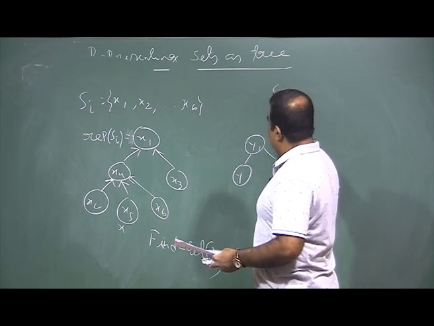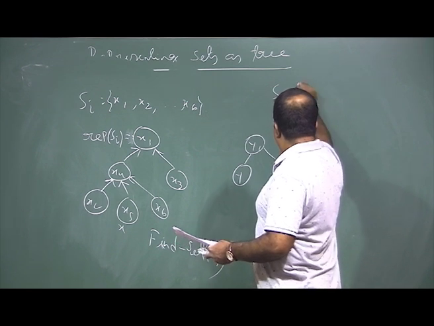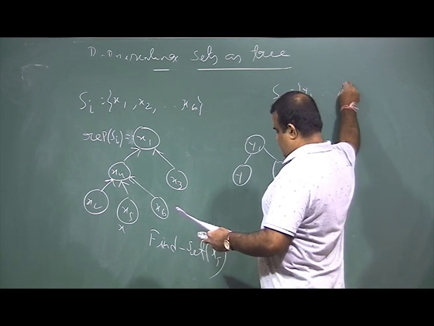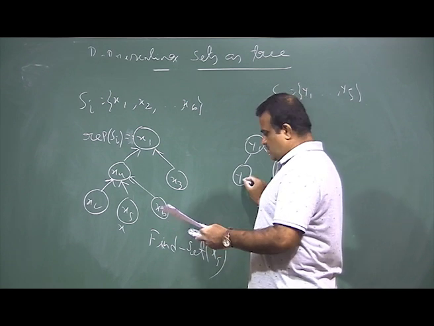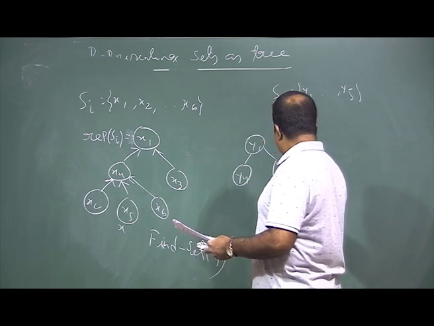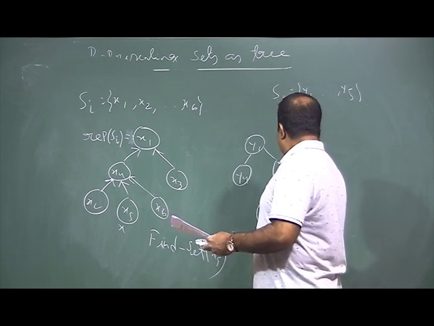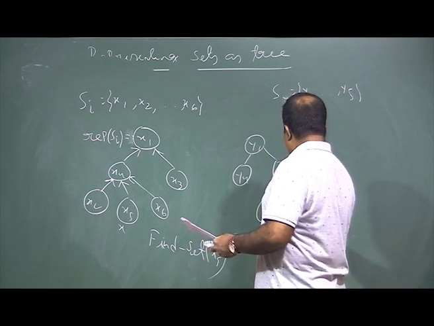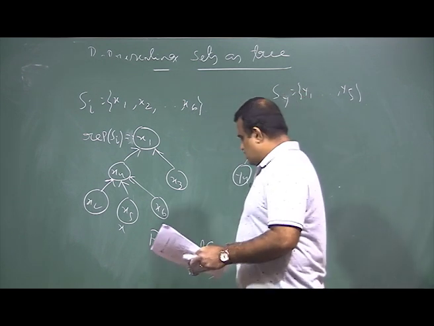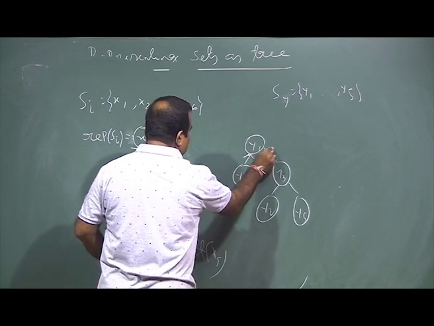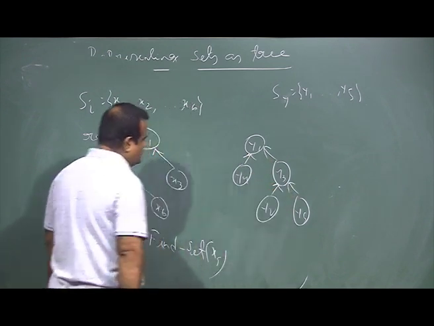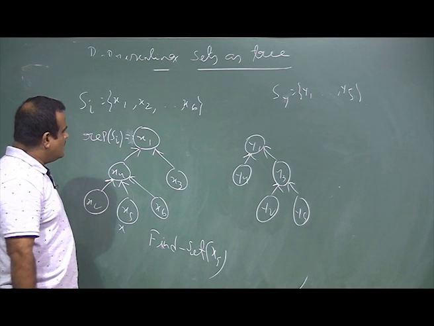So, we have another set, say y1, y2, y5. So, y1, y4, this is another tree we have, y2, y5. Now this tree is also like this, we have only parent pointers. Now, how to find the set?